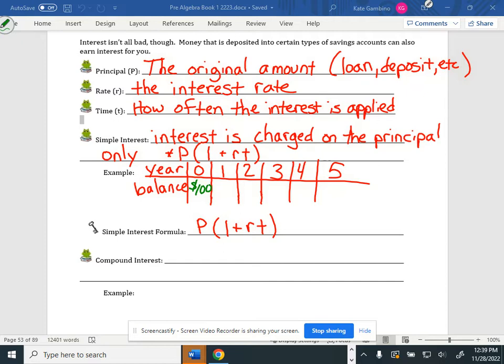So P is our principal, that's 100, times 1 plus our rate times the time. So we've got 5 years. We want to know how much is going to be in that bank account all the way up to 5 years. So we'll start with after 1 year. So our time is going to be a 1 because it's 1 year. What is the rate?